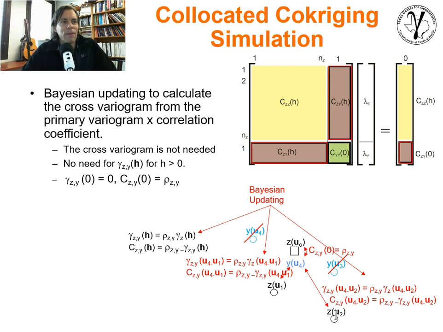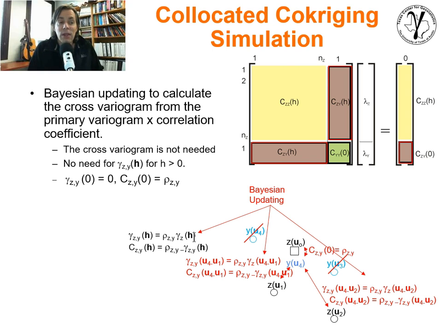You remember Bayesian updating from the beginning of the course, when we talked about probability and frequentist and Bayesian perspectives. What we say is that the cross variogram between the primary and the secondary, Z and Y, at lag distance h, is equal to the correlation coefficient between Z and Y multiplied by the primary variogram, the variogram for Z at lag h. We're rescaling the variogram by the correlation coefficient in order to update it to give us a cross variogram.